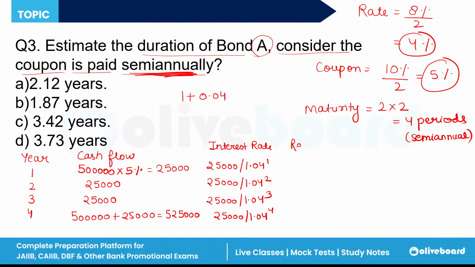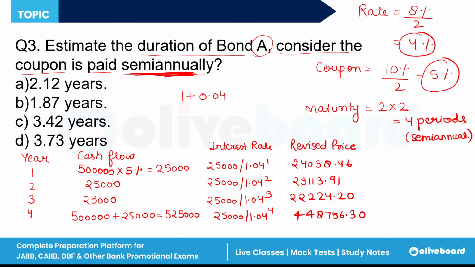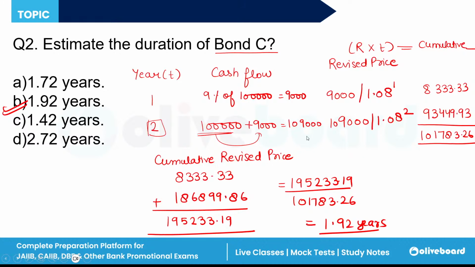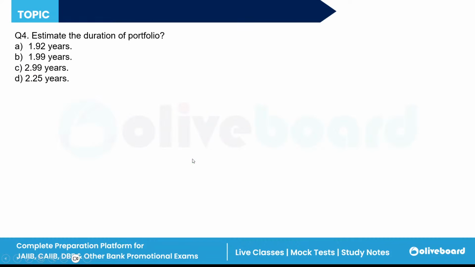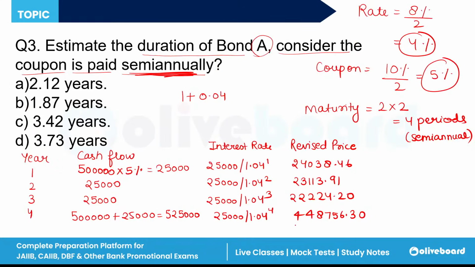Now with the help of your calculator, just calculate it. Here you get 24,038.46, then 23,113.91, and so on, and 4,48,000 here. Now you have to add these like we have done in the previous two questions. After adding, what do you get here?